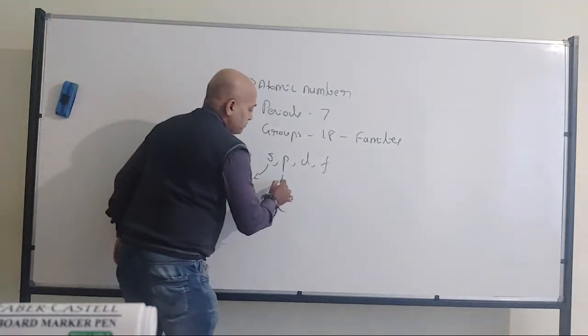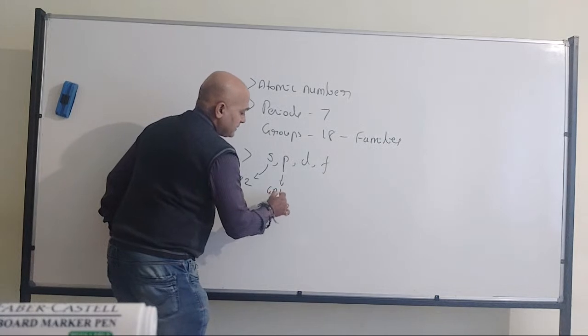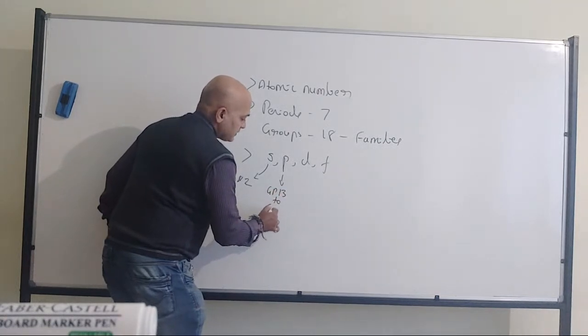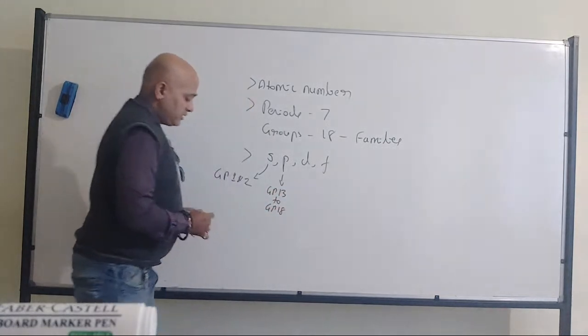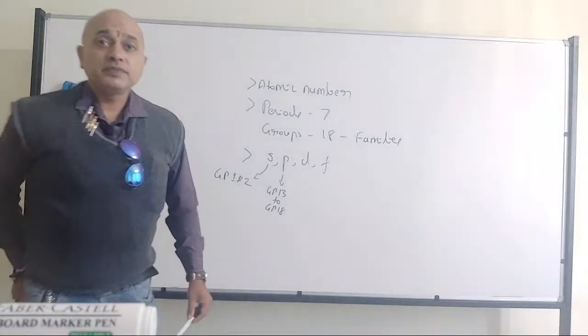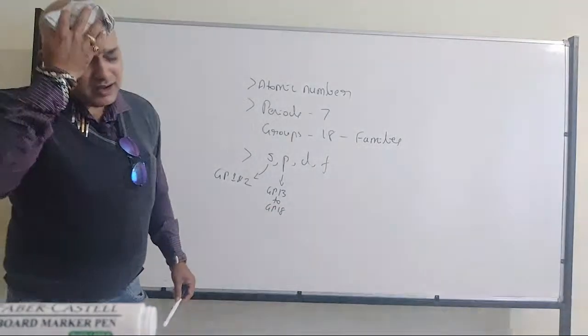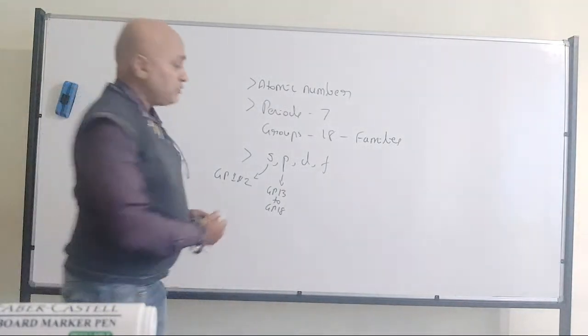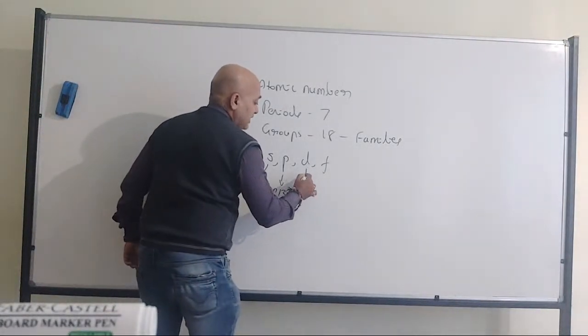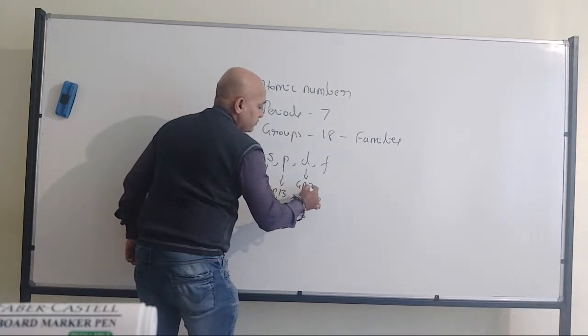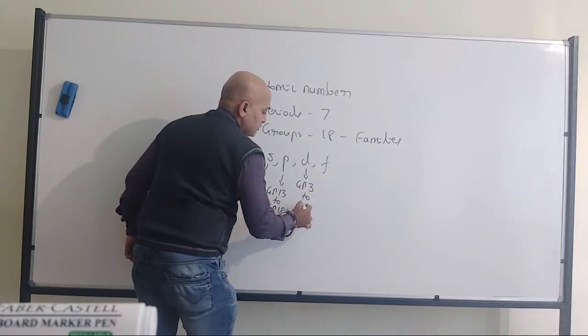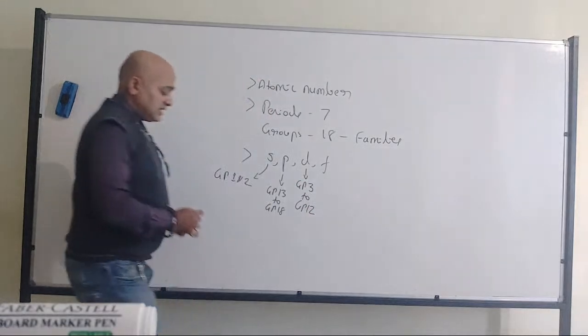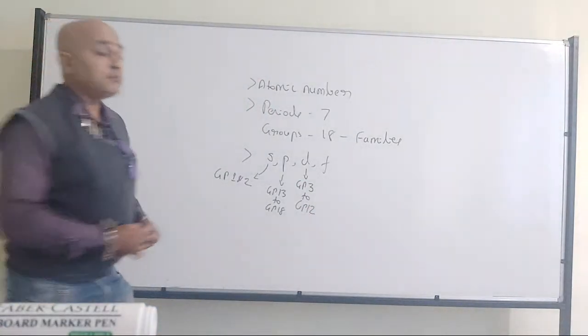When it comes to the P block, it is group 13 to group 18. What about the D block? D block is from group number 3 to group number 12.